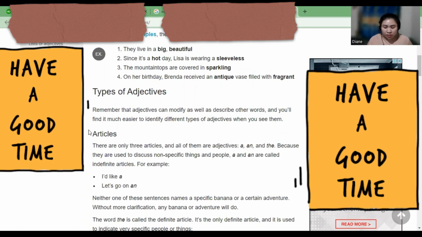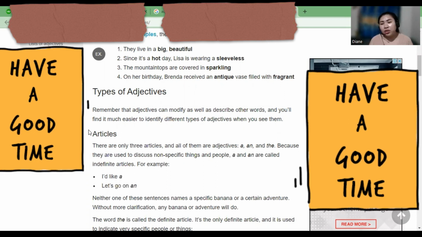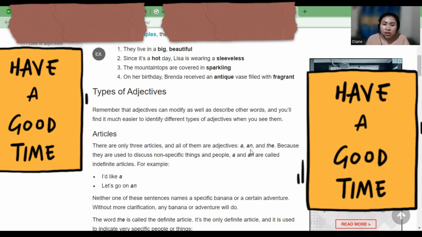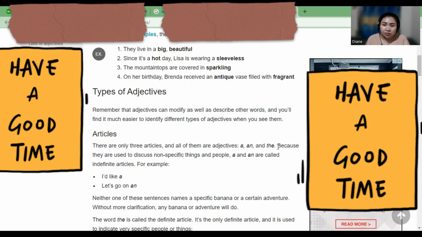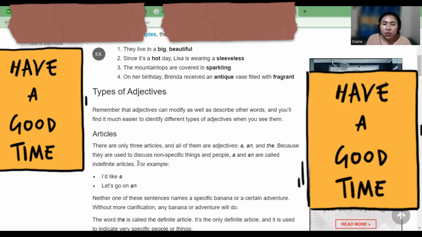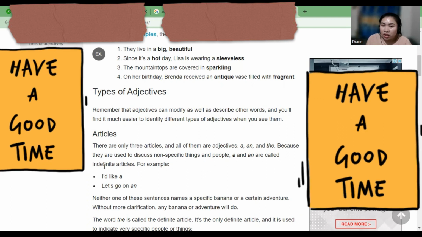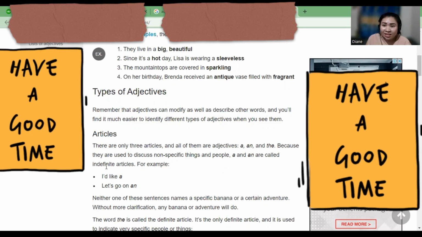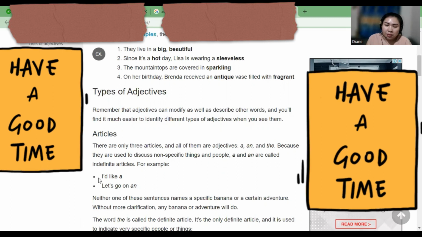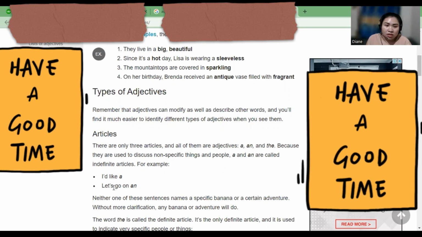We have articles. For the articles, there are only three articles. The first ones, we have a and an, because they are used to discuss non-specific things and people. Indefinite articles discuss non-specific things and people. For example, I'd like a... it's not specific, it is not mentioned what that is.